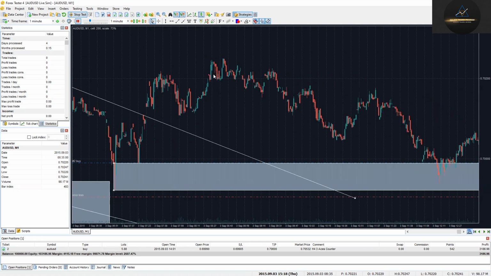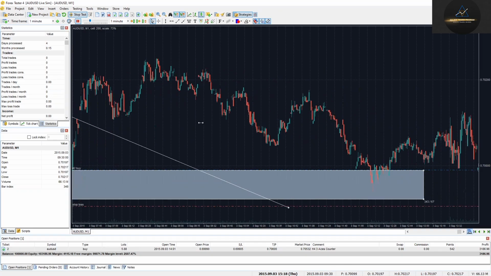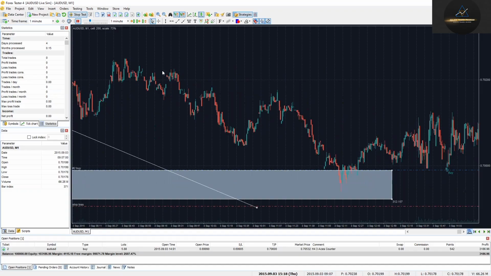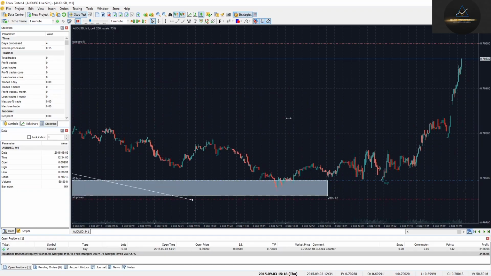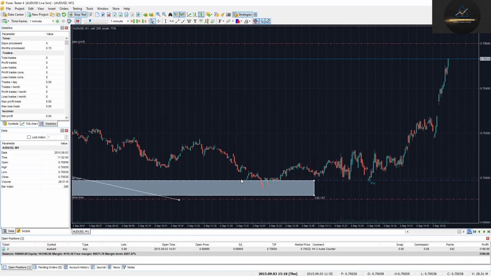As you can see, price did climb above. I did mention that this was the European London Open, so we're going to see the volatility kick in. And yeah, this was the entry that we should have got in on. But because it moved so quickly and I was fast forwarding, I didn't pause it in time to catch it.